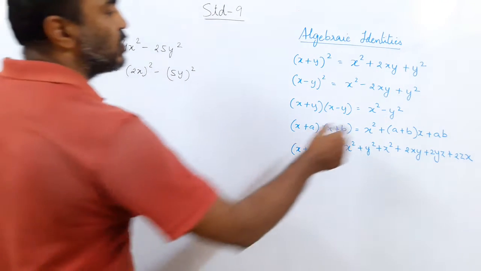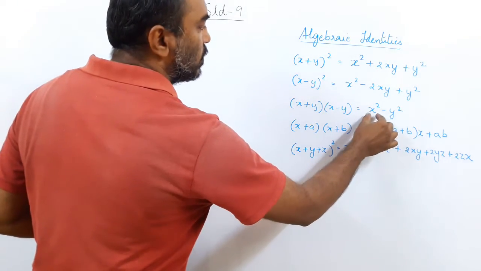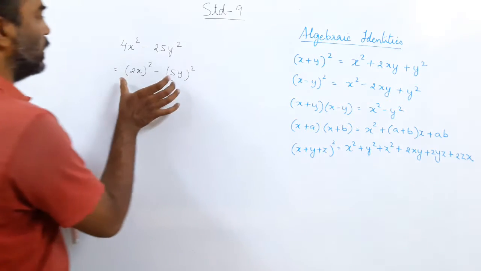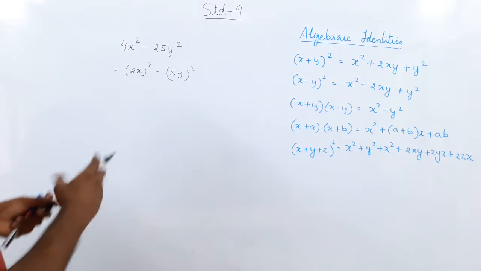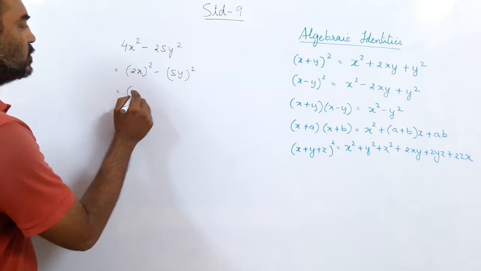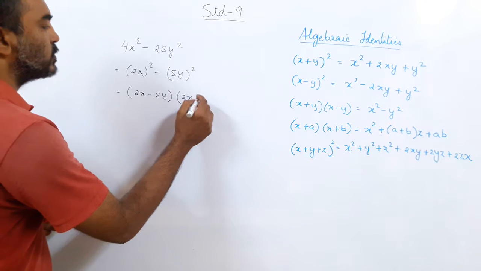So this is written in this form. Can you see that? I could rearrange it in this form: something square minus something square. So by rearranging, I easily found the factors are 2x minus 5y into 2x plus 5y.